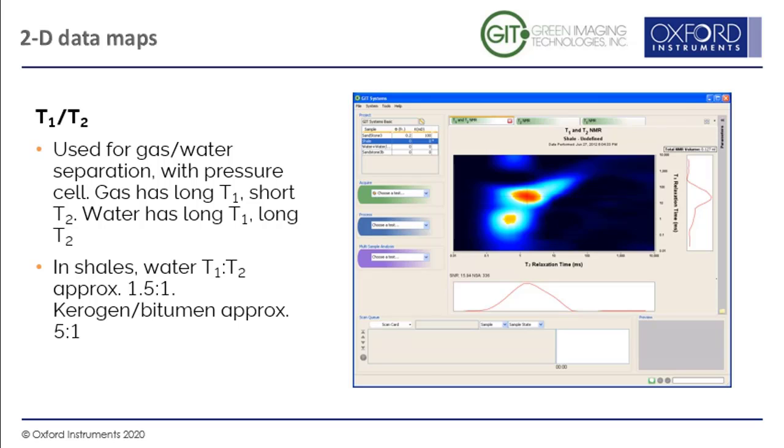The first example uses measurements of the 2 NMR relaxation properties T1 and T2 to help with fluid typing. Gases generally have long T1s and short T2s, whereas water is the opposite. Plotting these 2 parameters against each other therefore helps to separate the gas and the water.